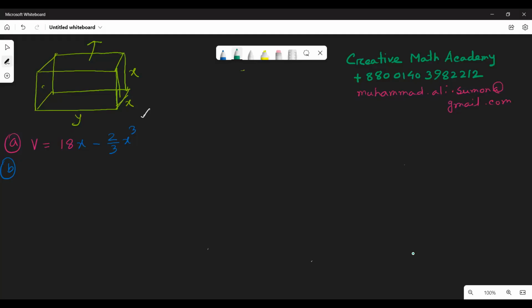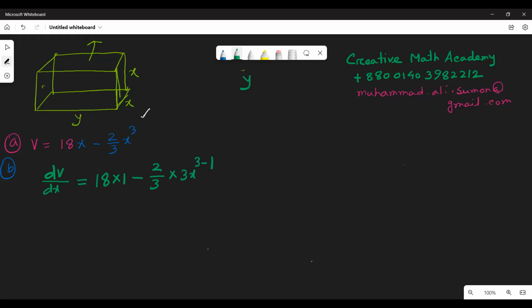Our volume is V equals 18x minus 2 by 3 x cubed. Now we have to differentiate V with respect to x. So write dV by dx equals 18x; if we differentiate x, it will be 1, minus 2 by 3; when you differentiate x cubed, it will be 3x to the power 3 minus 1.